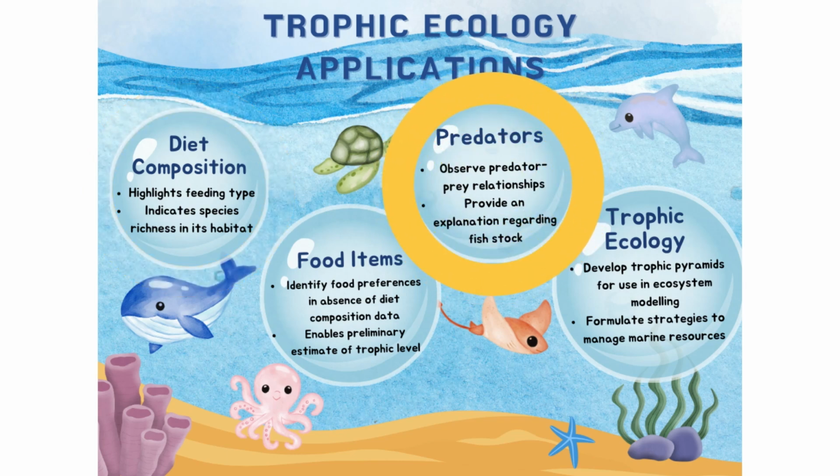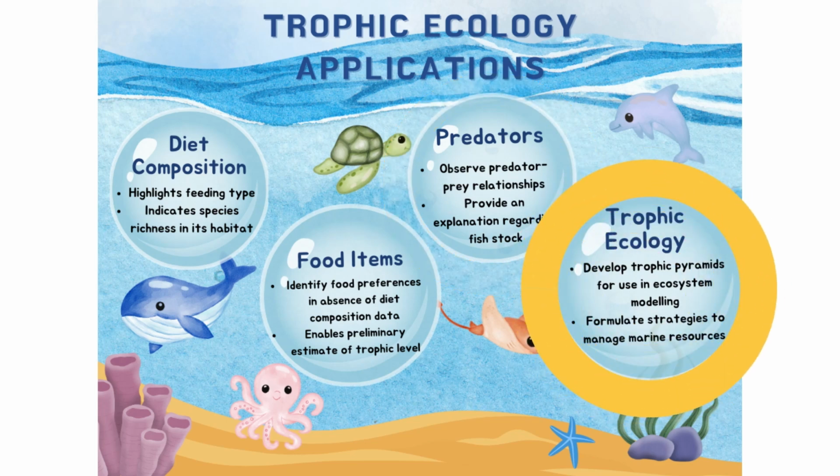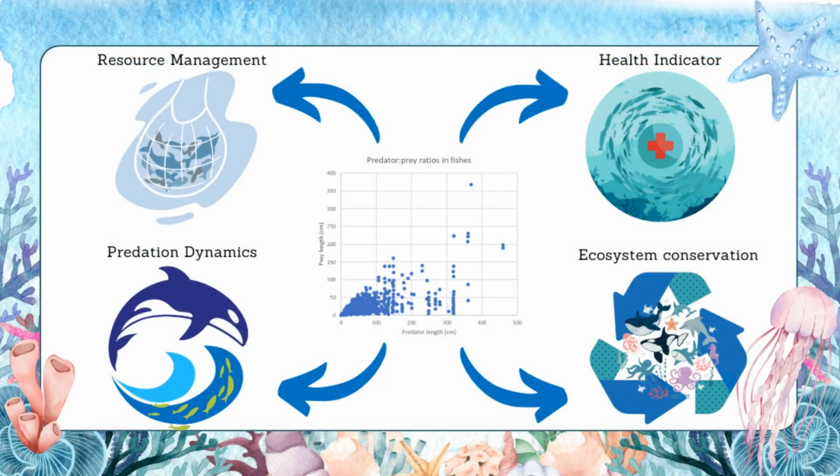The information compiled in the predators table is useful to fishery and conservation workers, as predator-prey relationships may help explain the status of some fish stocks. The information is also used for the construction of trophic pyramids. Finally, data from trophic ecology can be used for higher-order analyses using other information from FishBase or SeaLifeBase.